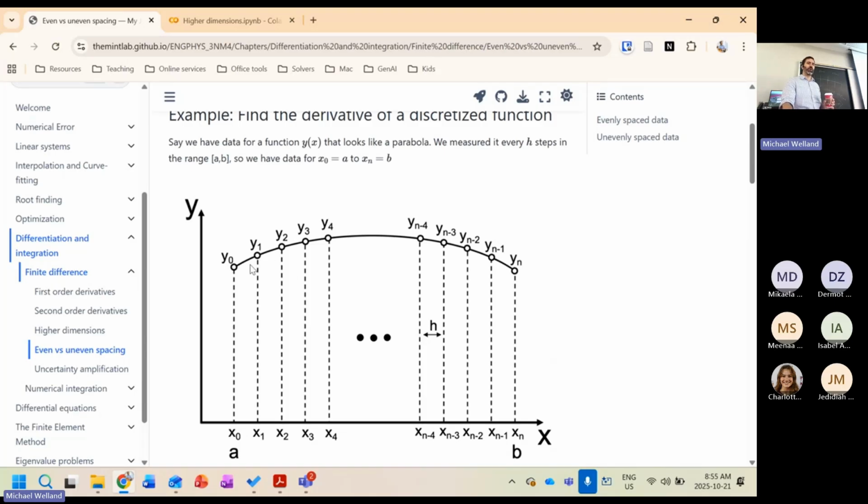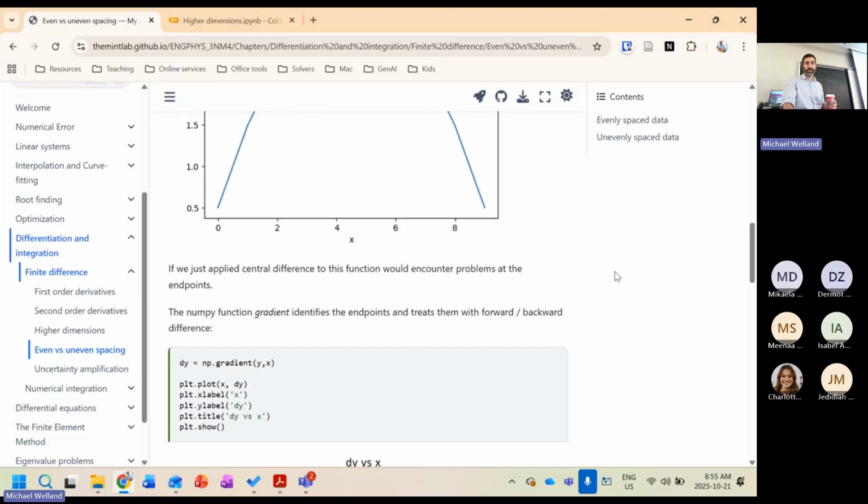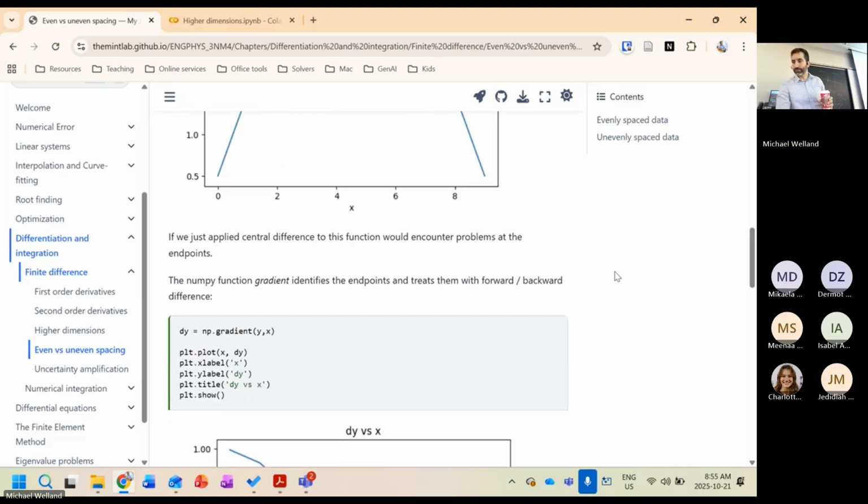This looks like a parabola. You won't have these lines, right? What you would have are these open circles at x0, y0, x1, y1, x2, y2, right? All the way over. And then you're just kind of drawing these straight lines as you go, right? And the question is, okay, what is your derivative? So we've got that. Oh, that's late.